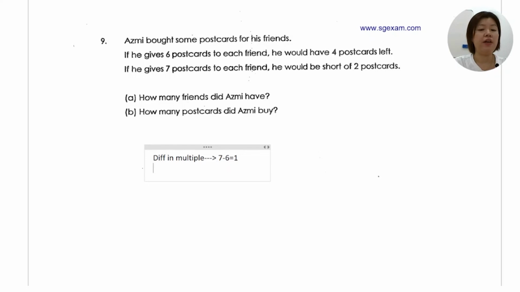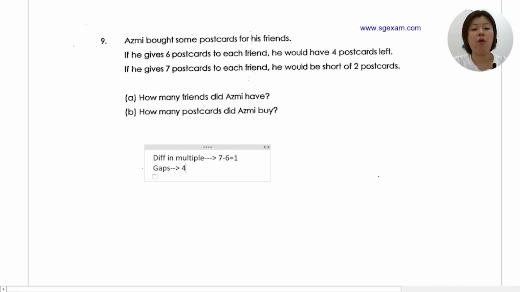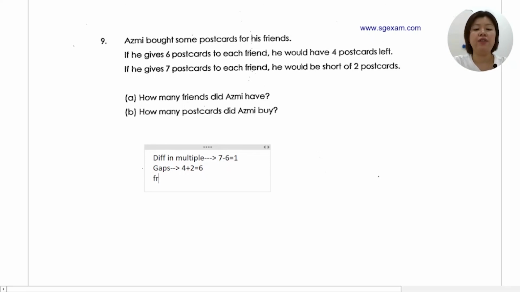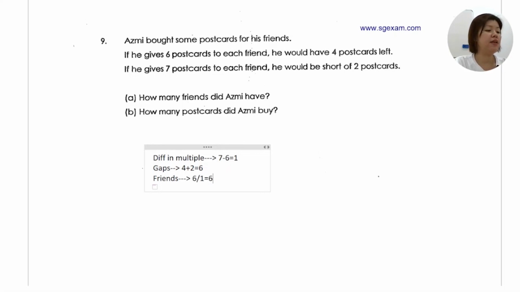So we can actually find the gaps, which is 4 plus 2, which equals to 6. Okay, and then now we can actually find the number of friends that Azmi have. So to find the friends, you can take 6 divided by 1 equals to 6. So it means that he has 6 friends.